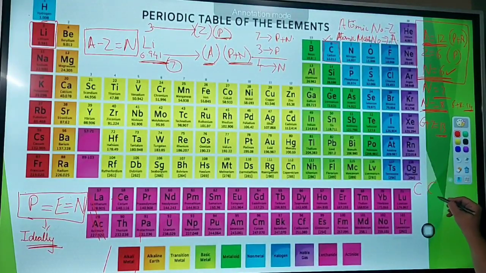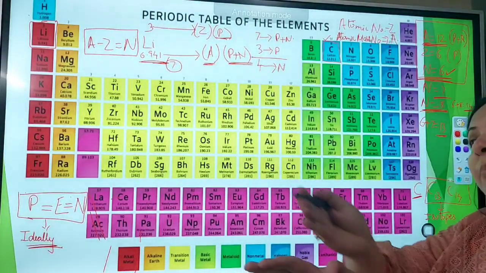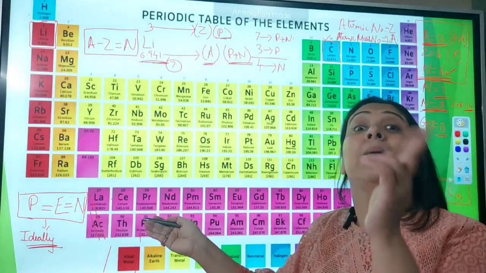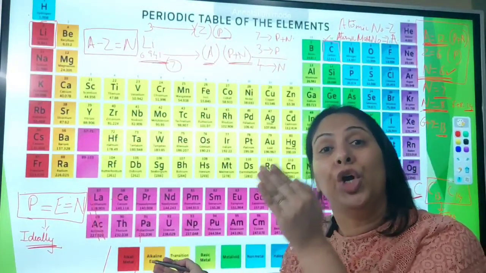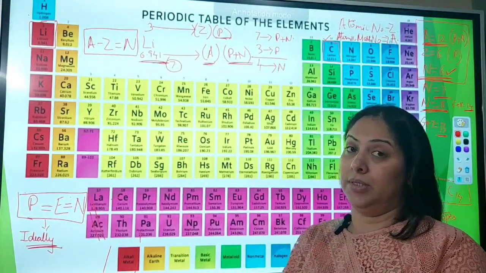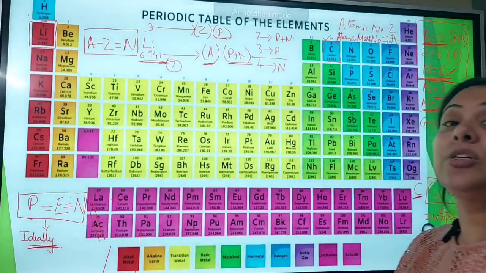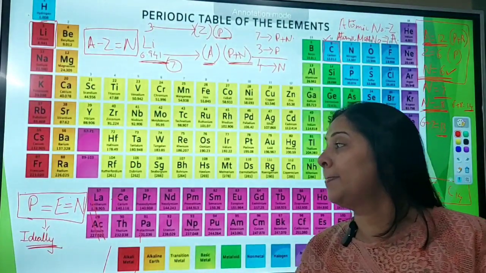But if I write carbon 13 and carbon 14, these two are the isotopes of carbon, simply because carbon has its variations because it has different atomic mass numbers. Alright children, is this much clear?